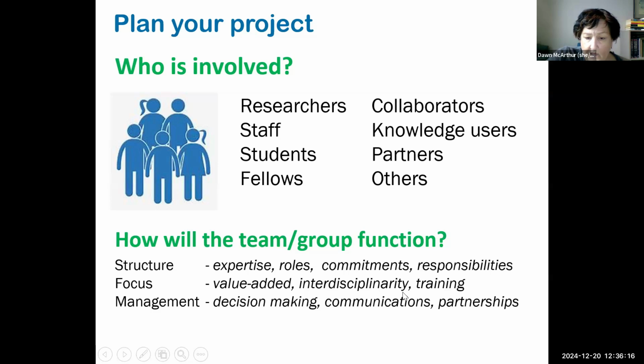Focus on value-added interdisciplinarity and training is also very important for some. So for an NSERC discovery grant, for example, this is very important. And how are you going to make decisions, and how are you going to resolve conflict is something to think about if there's more than one or two of you involved. Even if there's two of you involved, it's important to have those conversations.